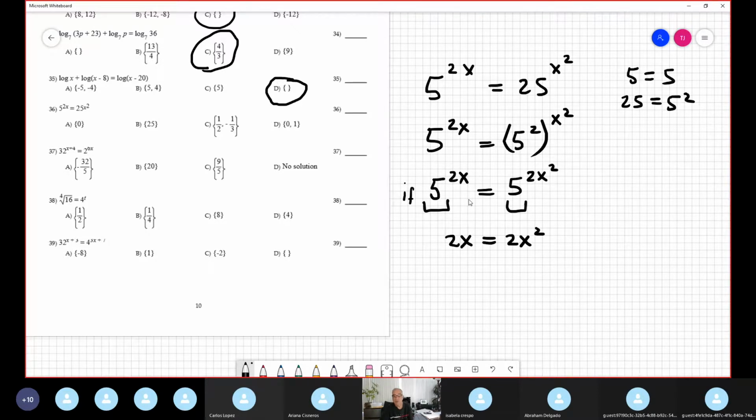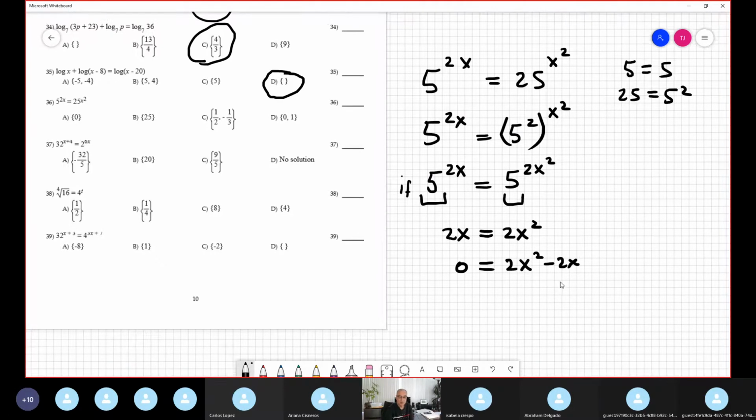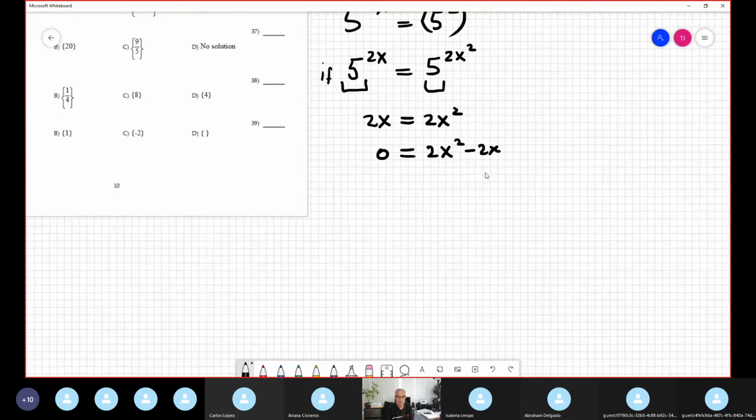It's obvious, you can stop there if you want. But suppose that you don't see that, no problem. You write it in standard form, to see more clearly. You interchange, you put 2x squared minus 2x equals 0, and factoring, the greatest common factor is 2x, and we have x minus 1.